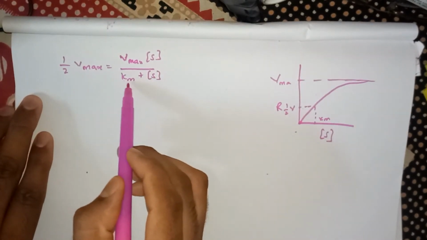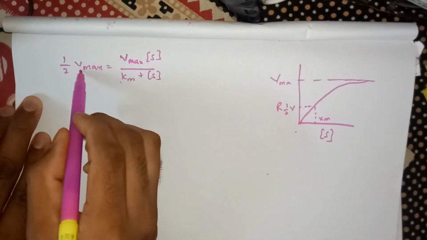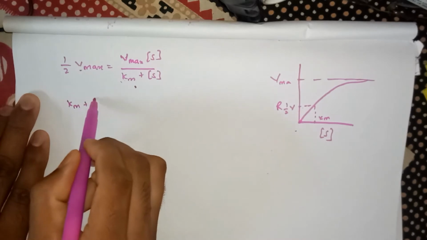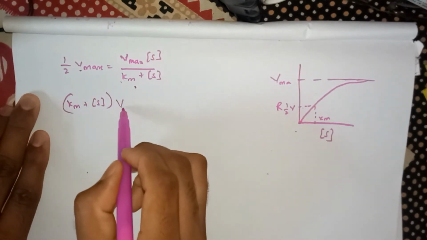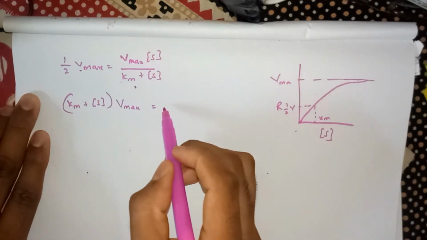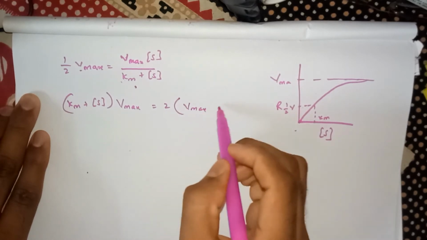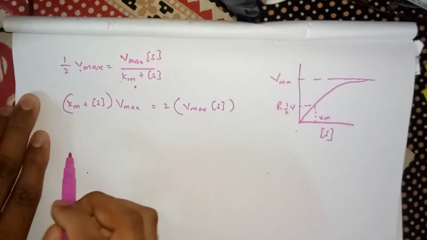I'll take this whole part this side, and this Vmax to this side. So Km plus S into Vmax is equal to, this 2 comes here, 2 into Vmax into S, right?